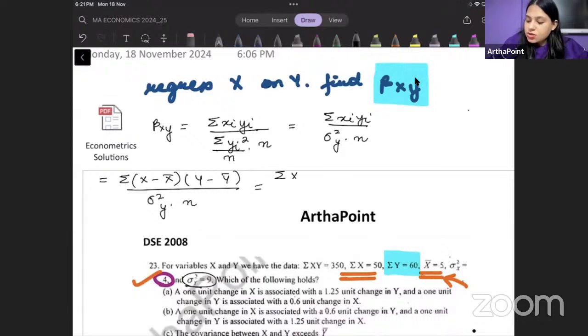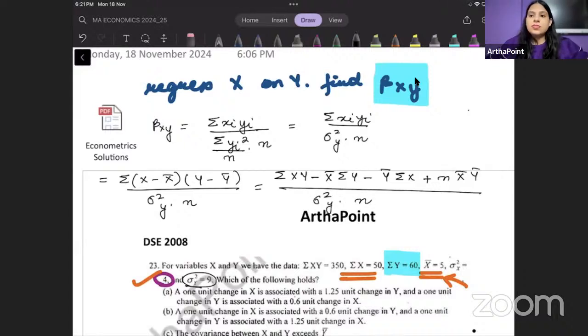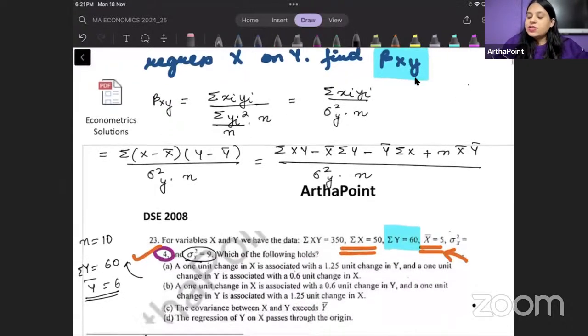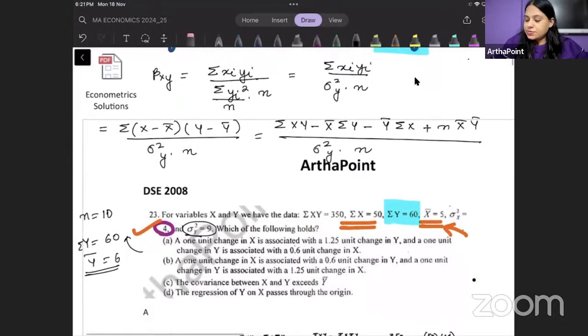So summation xy minus x bar summation y minus y bar summation x plus n x bar y bar upon sigma square y into n. We have already found that the number of observations is 10, and summation y is given as 60, so the mean of y is 6. Plug in these values, try to find the answer. Go ahead.